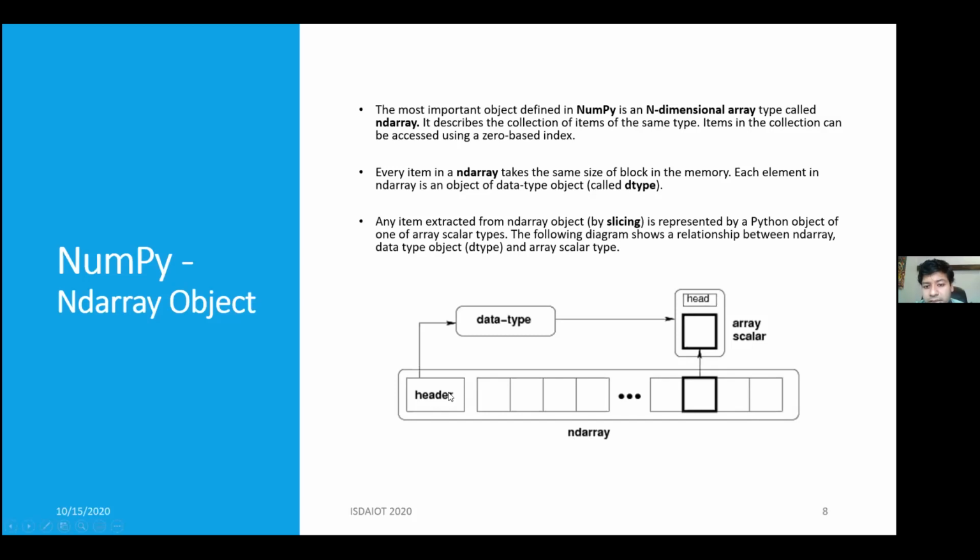Just by logical addition and subtraction, we can access the head of the different blocks of memory. That helps to increase the speed of these operations by using ndarray. Any item that is extracted from an ndarray object by slicing is represented by a Python object of one of the array scalar types. The following diagram shows the idea. So I think it is clear.